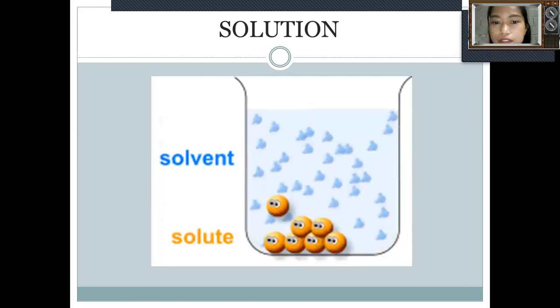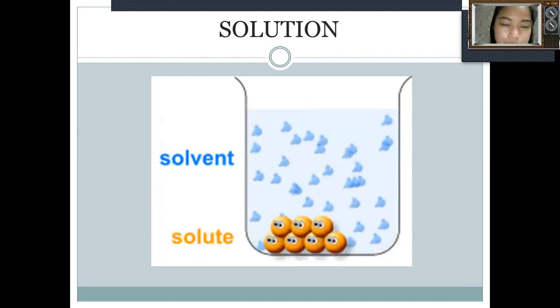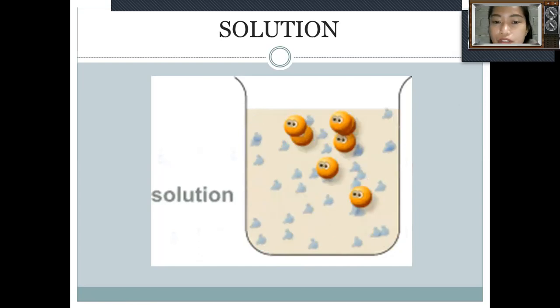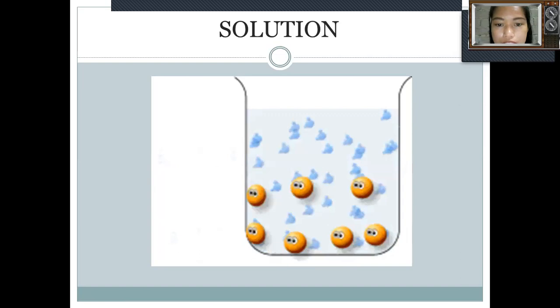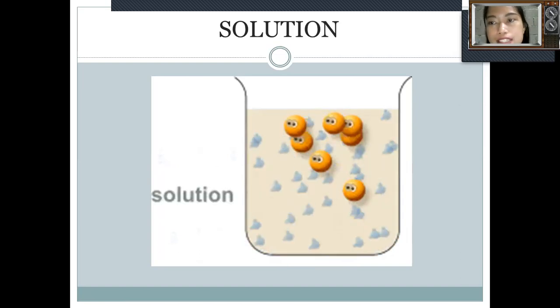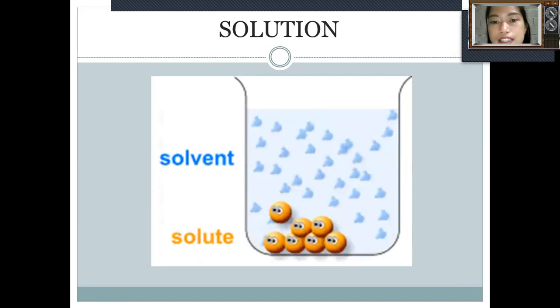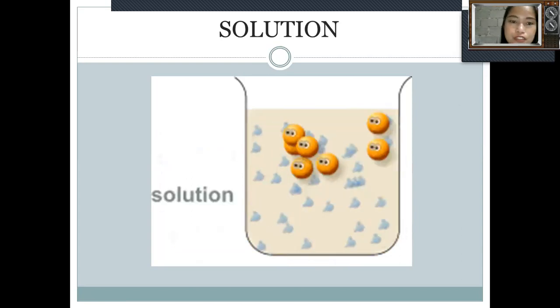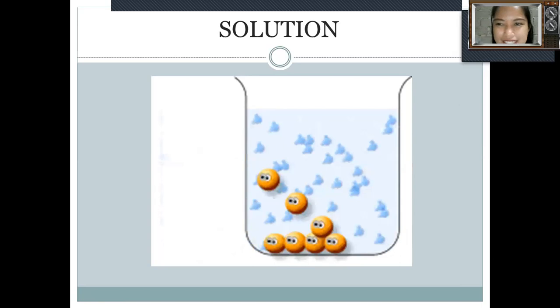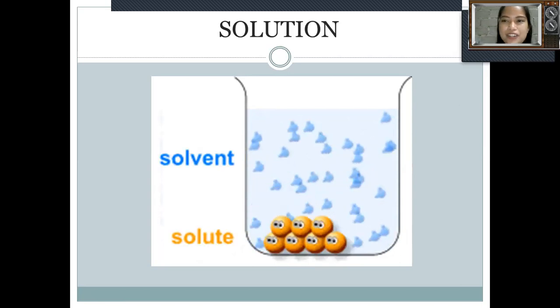For example, in solution A, in 20 ml of water, we added half a teaspoon of sugar and we already cannot see or observe the solute when added in the solvent. Are we clear on that?